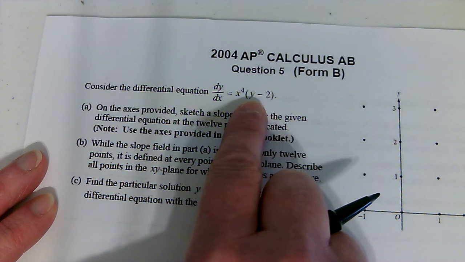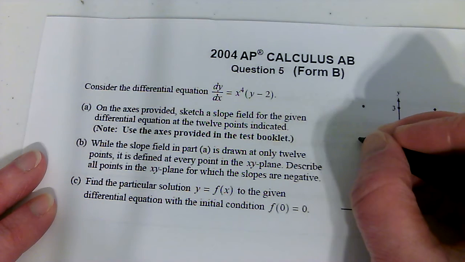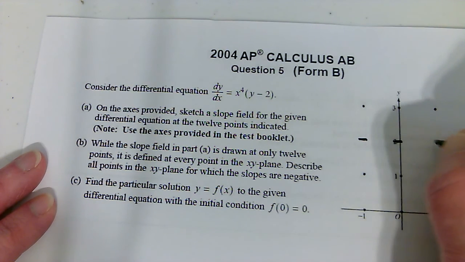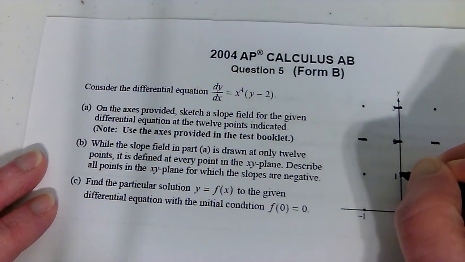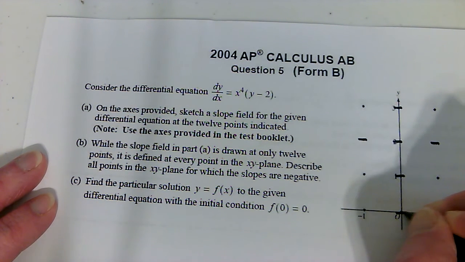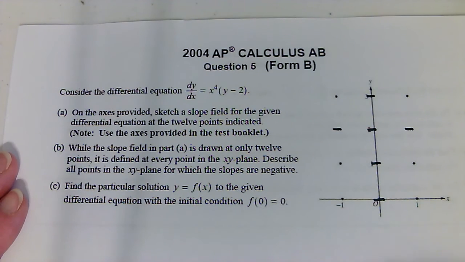Anytime y is 2, 2 minus 2, I'd get 0. So all of these are going to be 0. When x is 0, it'll also be 0. So that's nice.